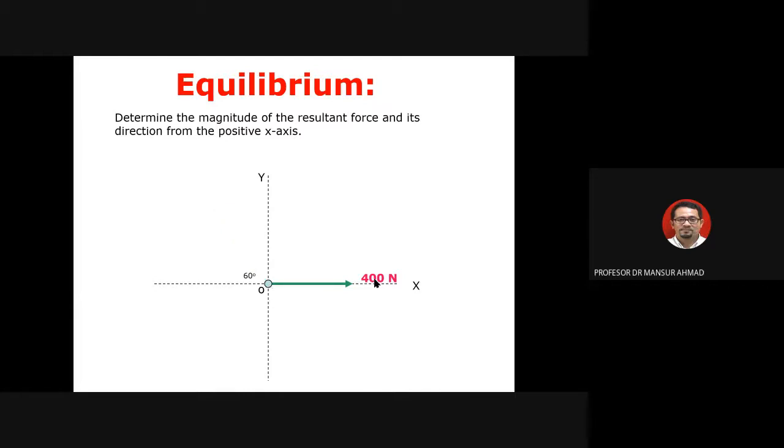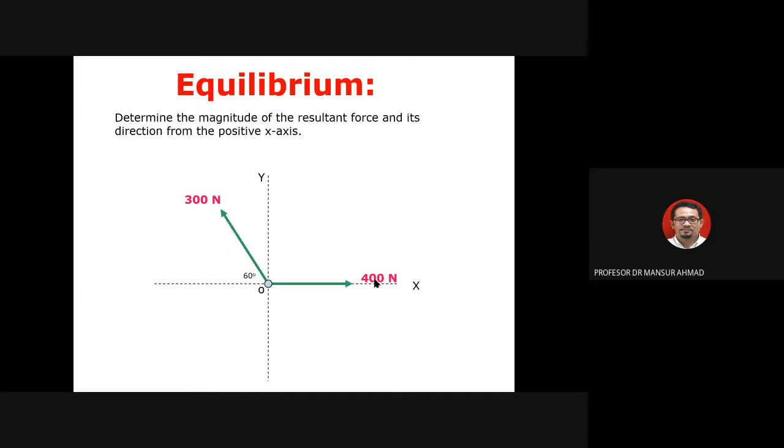Yeah, so in the future, every time you stumble on a force that is applied at an angle, you need to resolve it.